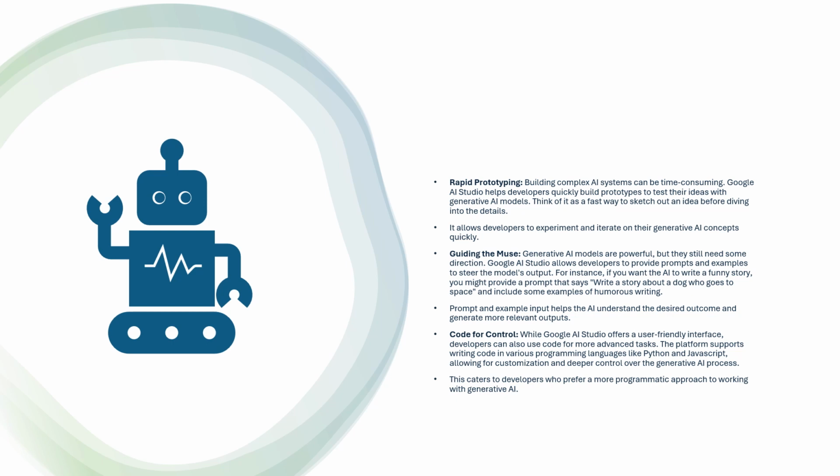Generative AI models are powerful, but they still need some direction. Google AI Studio allows developers to provide prompts and examples to steer the model's output. For instance, if you want the AI to write a funny story, you might provide a prompt that says, write a story about a cat who goes to space, and include some examples of humorous writing.